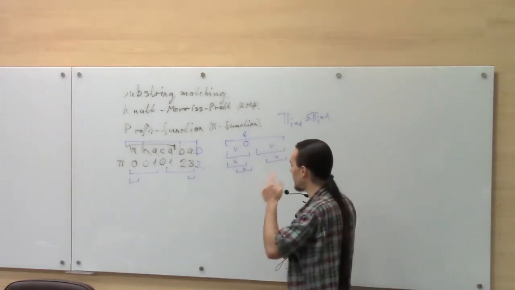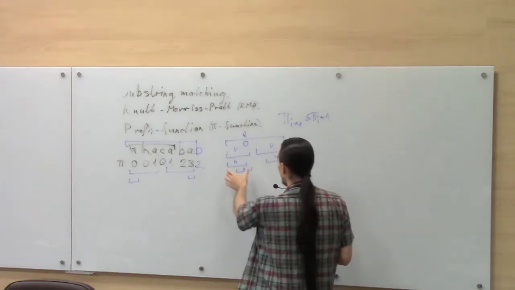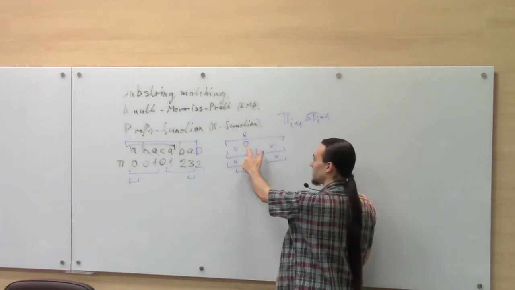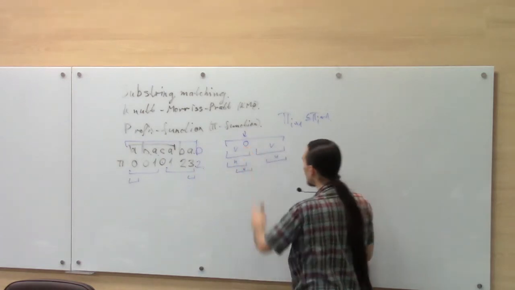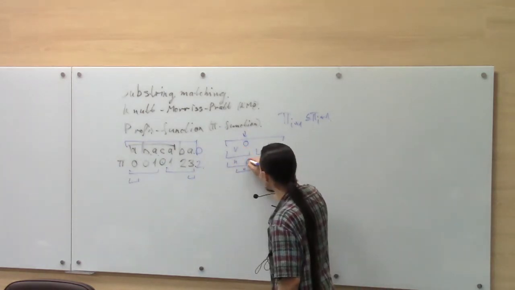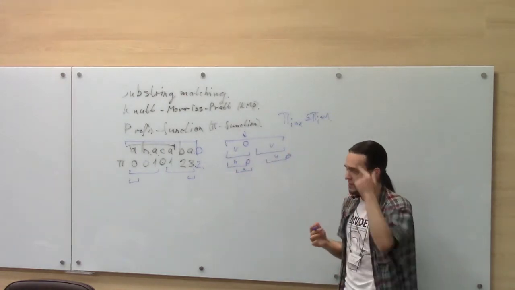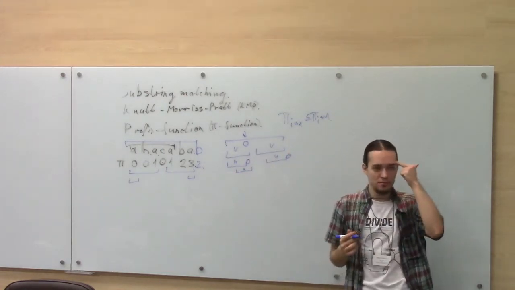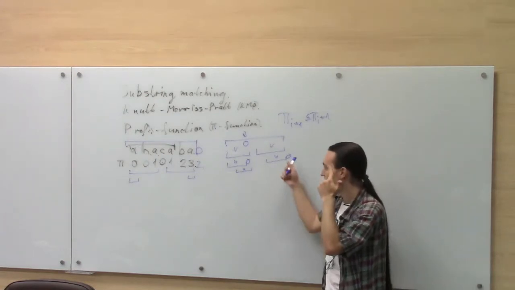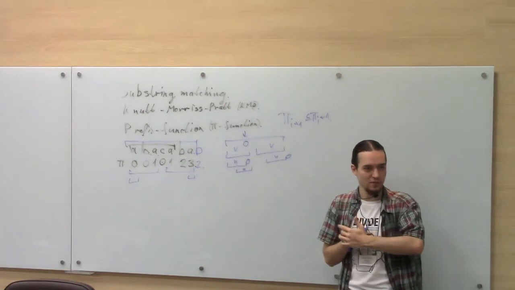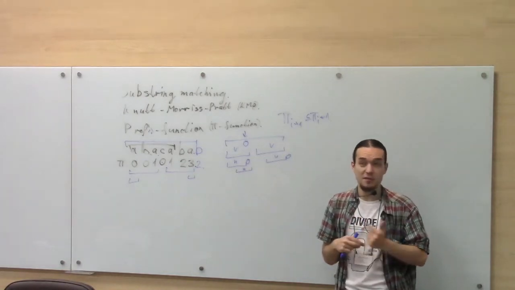So what happens next is we try these. Despite the fact that we are taking the prefix function at this position, we still try to match the characters here. Maybe it didn't match, maybe it did. If it did, then we continue. If it didn't, what do we have to do? Basically the same thing.